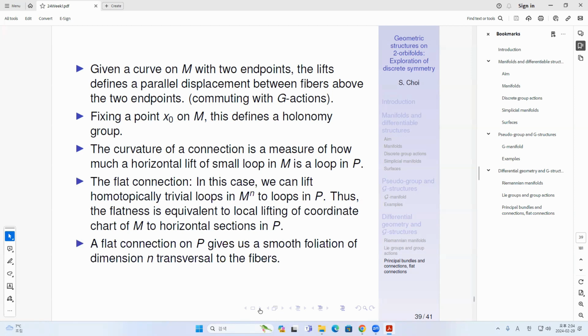So that's the flat case, and the flat connection gives us a smooth foliation of dimension n transversal to the fibers.